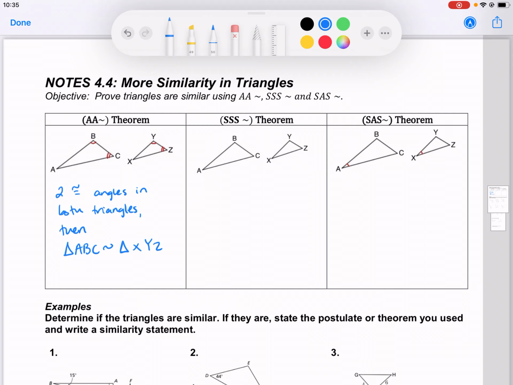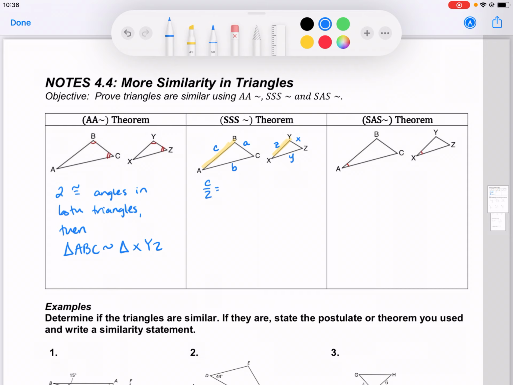Now side, side, side, the way that one works is if you divide all the sides. So I'm going to simplify this. So this will be little a, side little b, little c. This is little x, little y, and little z. So if we divided corresponding sides, in this case, corresponding side would be c over z.